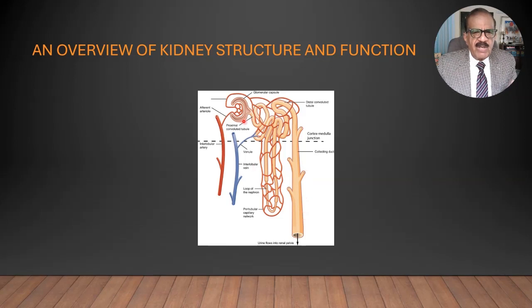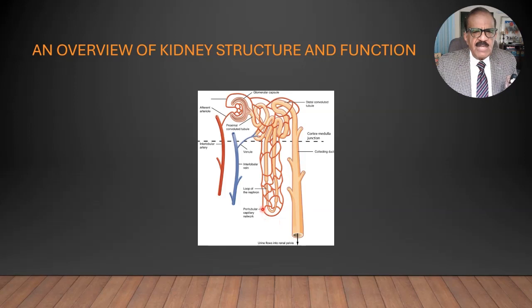There is a very complex system. The Bowman's capsule is the first part, and then the loop of Henle, and this is the loop of Henle. It goes down into the inner part of the kidneys called the interstitium, then comes back and then again goes back into the pelvis. So many nephrons have this system, and it is very interesting.